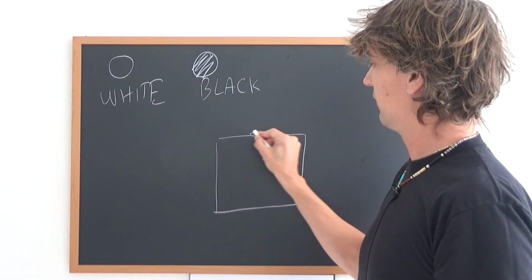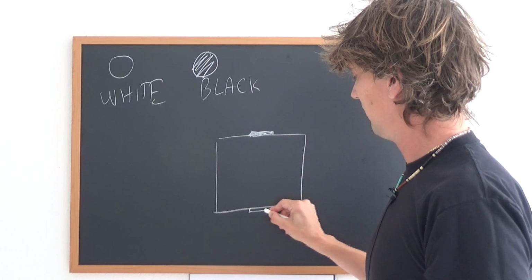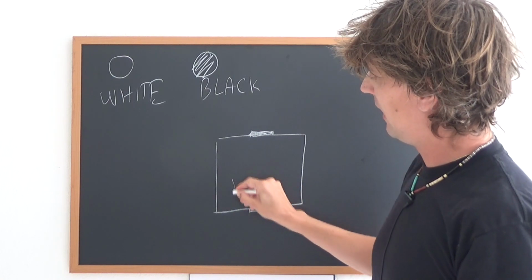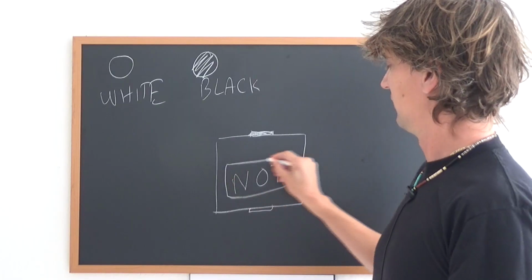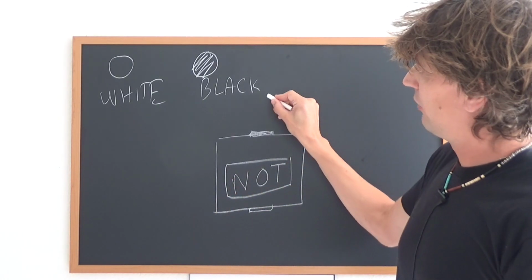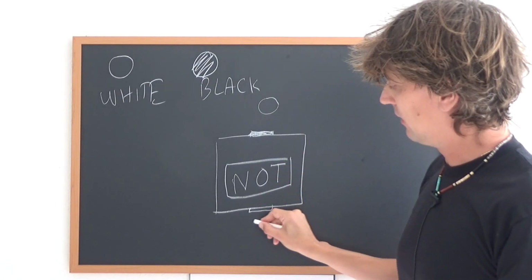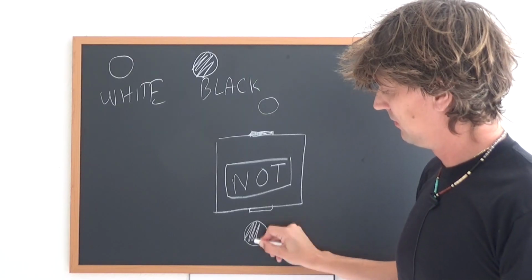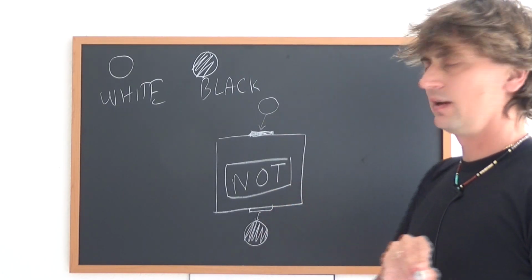And this box kind of has a hole in the top and a hole in the bottom. And the label on this box is going to be "not". Okay, strange label. But what we find is that when we drop a white ball into this box, it comes out black. Like this. So we drop the ball in here and it comes out here black.